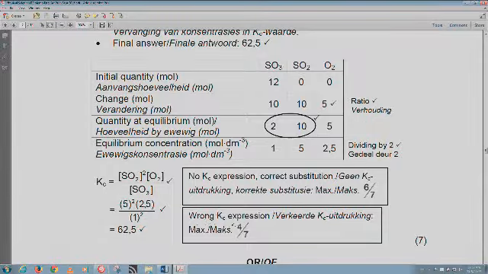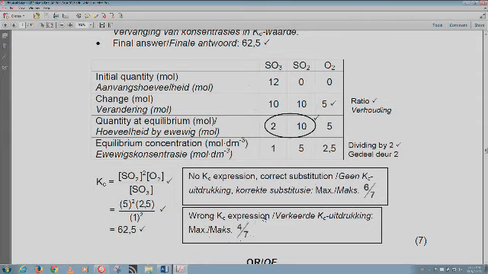And then if a wrong Kc expression is used, then the learner will lose the Kc expression mark, will lose the substitution mark because the Kc expression is wrong. It means the substitution will be wrong, and will lose the mark of the final answer. Then the learner can get a maximum of 4 out of 7, which is the ones that he got at the table.